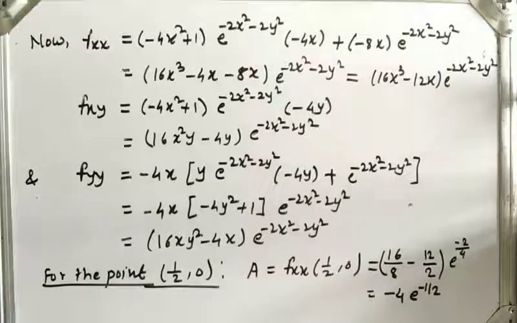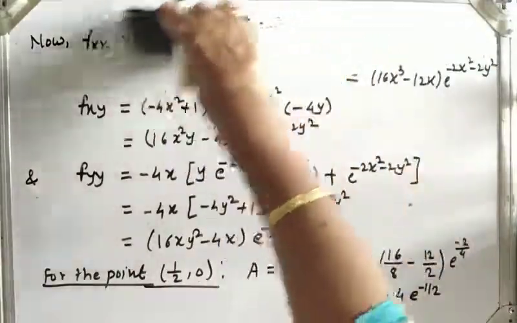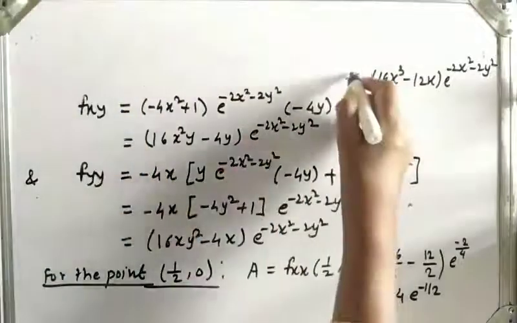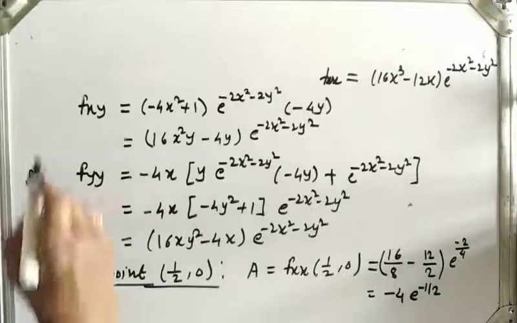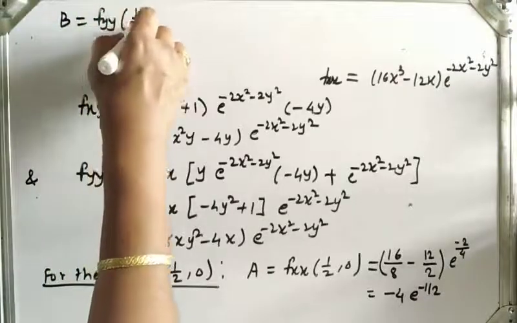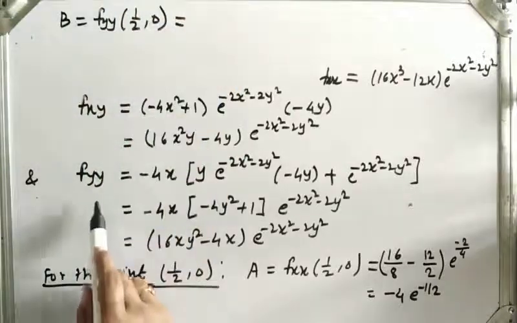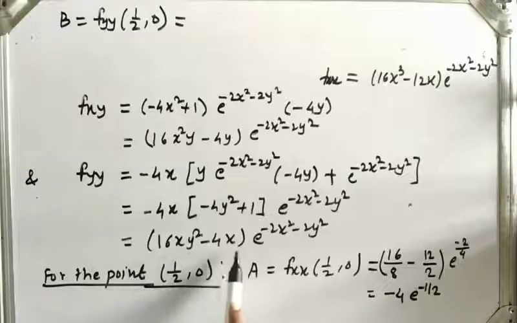Next we will find out b. b is fyy at 1 half 0. This is our fyy, so put 0 for y and 1 half for x.